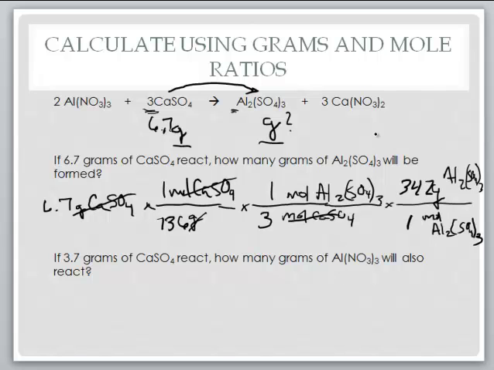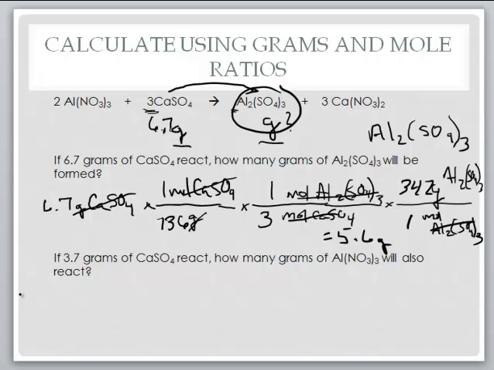Again, that formula there is supposed to be Al2(SO4)3. So if you add up the molar mass there, you get 342. And remember, that's grams per mole. So now our moles cancel, and we're left with grams, which is what the problem is asking for. So now let's do the math. We've got 6.7 divided by 136 divided by 3 times 342 gives us 5.6 grams of our aluminum sulfate.